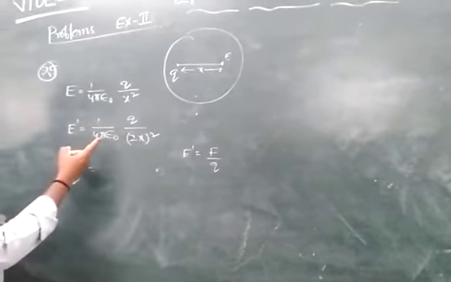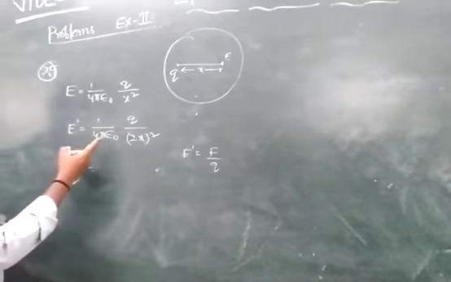Next, the 27th one. An electric field at the origin is radially outward with a magnitude E is equal to A into r. Then find the charge contained in the sphere of radius r is equal to 20 centimeter. The A value is given as 100 volt per meter square. 20 centimeter is nothing but 20 into 10 power of minus 2 meter.